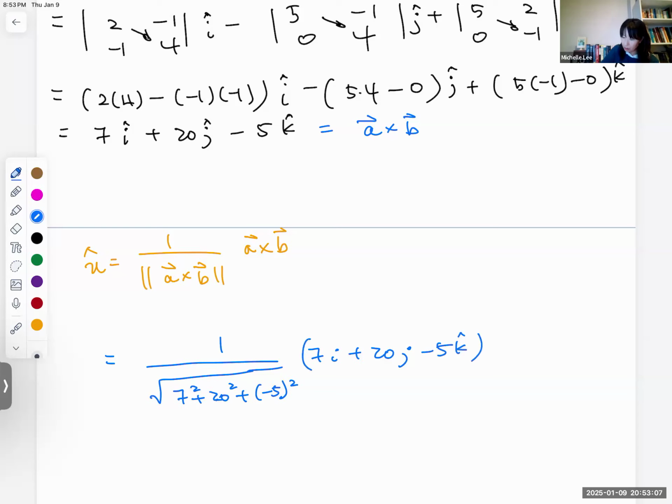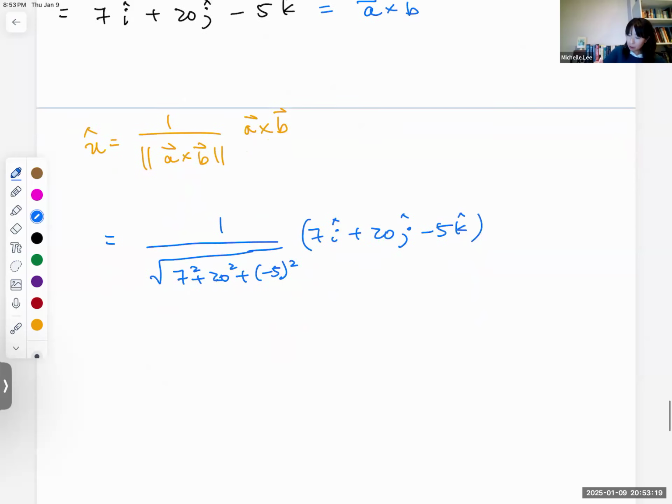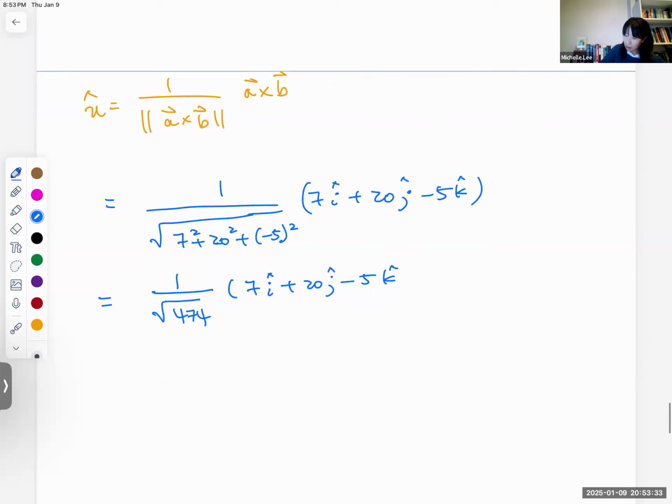This is not vector component form, so we use parentheses, otherwise angle brackets. What do we get in the denominator? The square root of 474, times 7i plus 20j minus 5k.